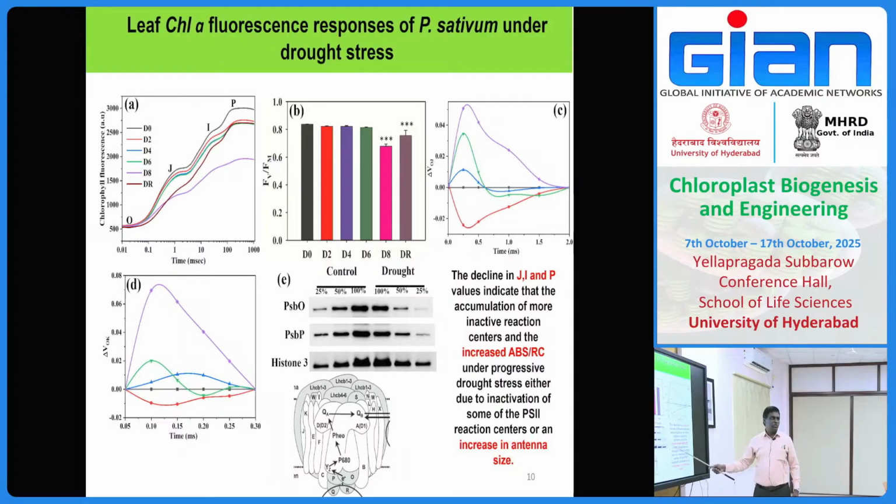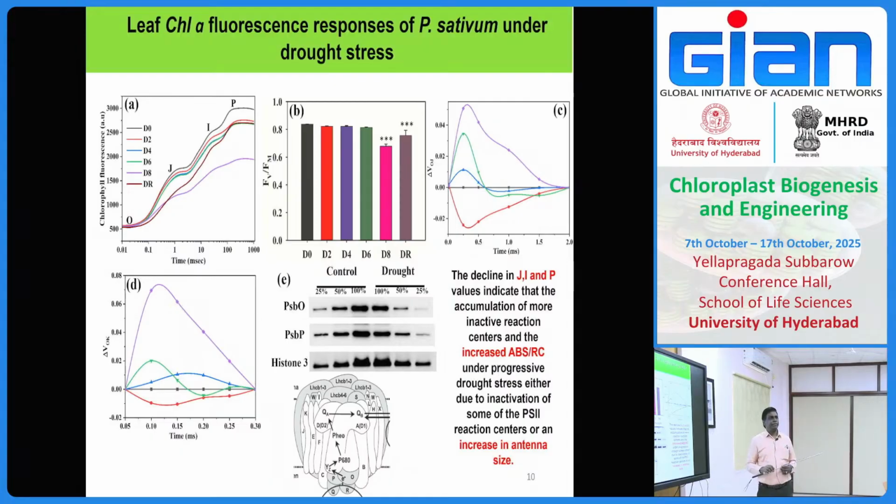That is the dilution. When you see here in drought, there is PsbO, one of the subunits, and PsbP, one of the subunits. There is about 50% decrease, which is an indication that the water oxidation complex is getting affected. Not only that, we can also tell many other things.